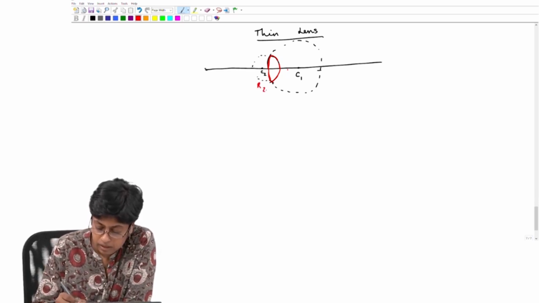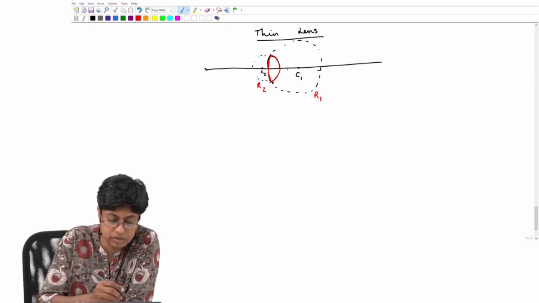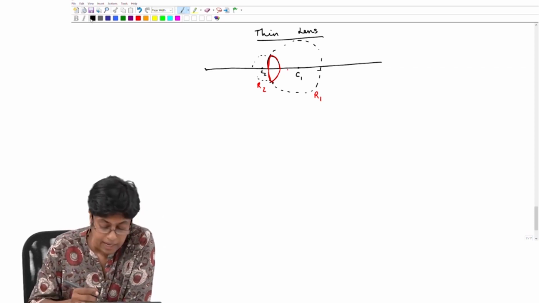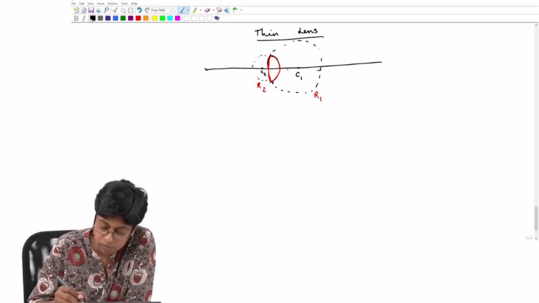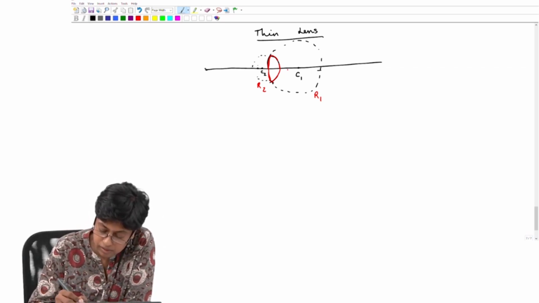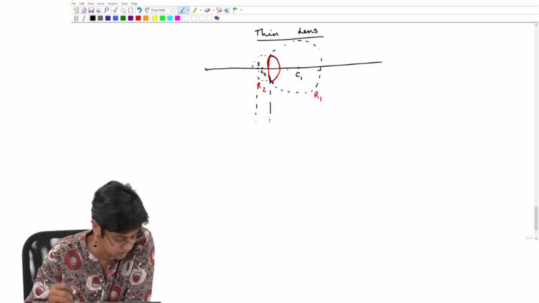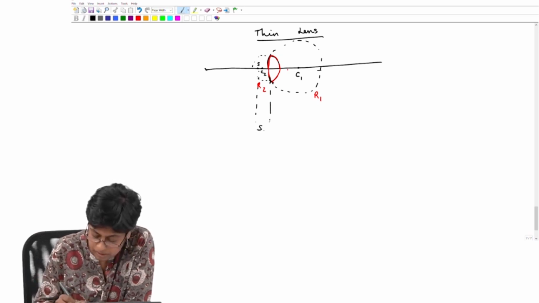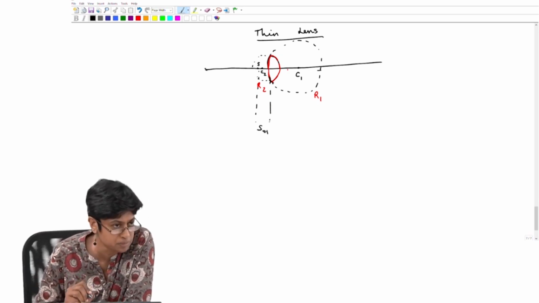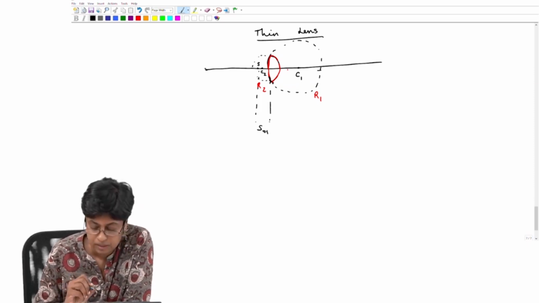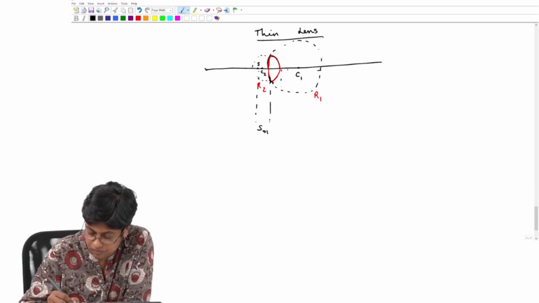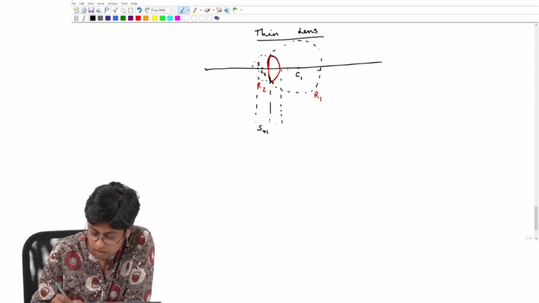This has radius of curvature R2, this has R1, and let us say our object is sitting somewhere over here. So, this is point S. The distance of S from the first interface, we shall call SO1, the first object distance. The thickness of this lens, let us call it D.